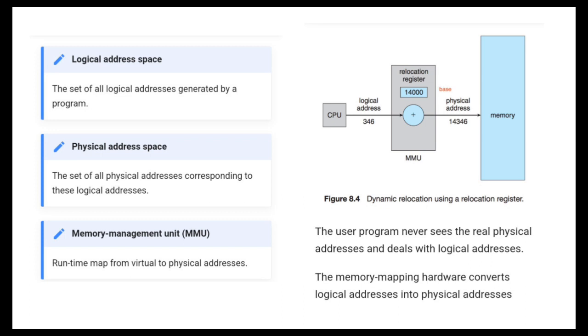Only when the address gets sent to the physical memory chips is the physical memory address generated. So, CPU to logical address, and then to the relocation register to physical address, going to memory. That is the MMU, or Memory Management Unit.